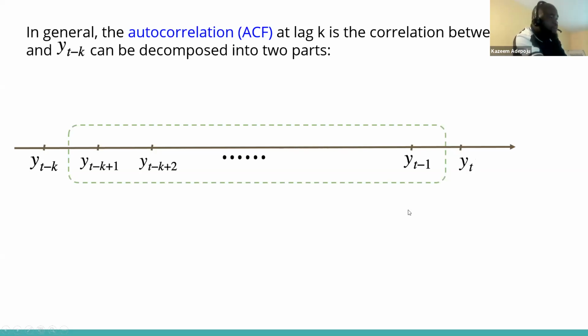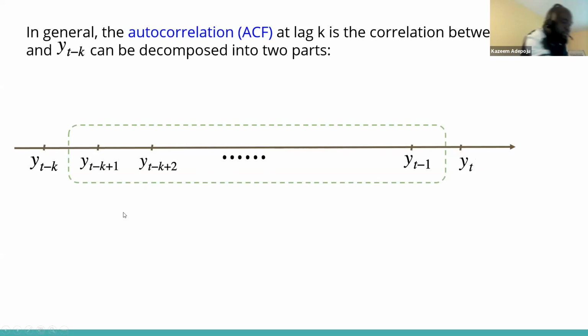Now, if I want to look at the correlation between yt and yt minus K, I cannot do that without the influence of this. You understand what I mean? Without the influence of this, I cannot do that.